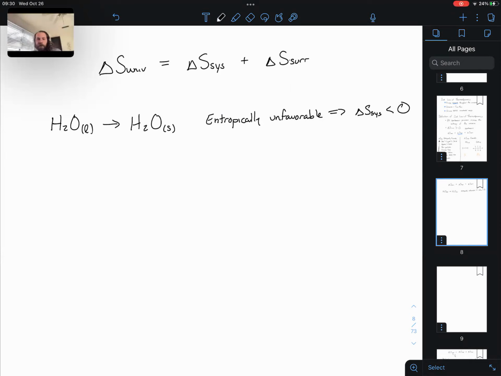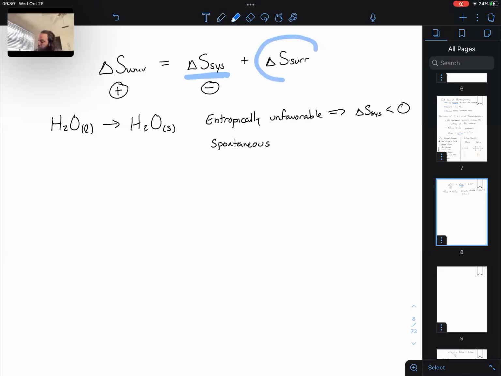Entropy would be positive if it's disorder, and negative if it creates order. But we also know that this is a spontaneous process. So how does that work? If this term right here is negative, how could it be possible that the delta S of the universe is still positive?